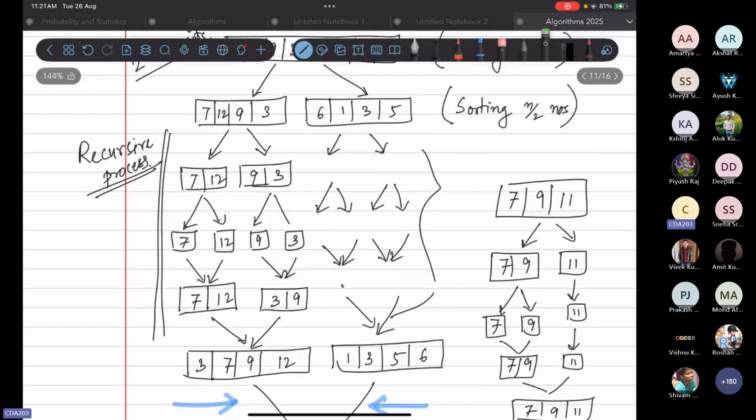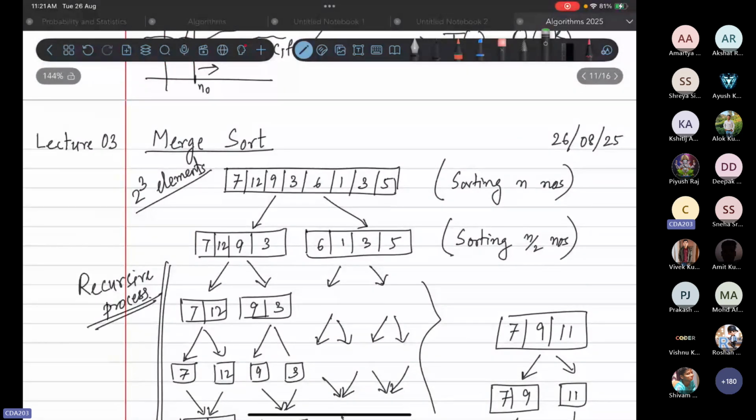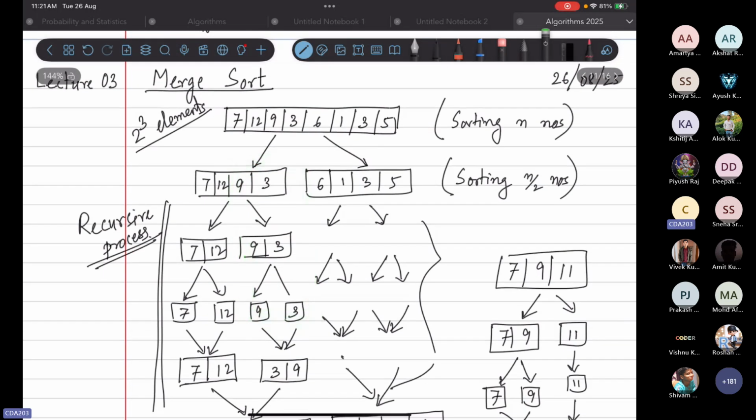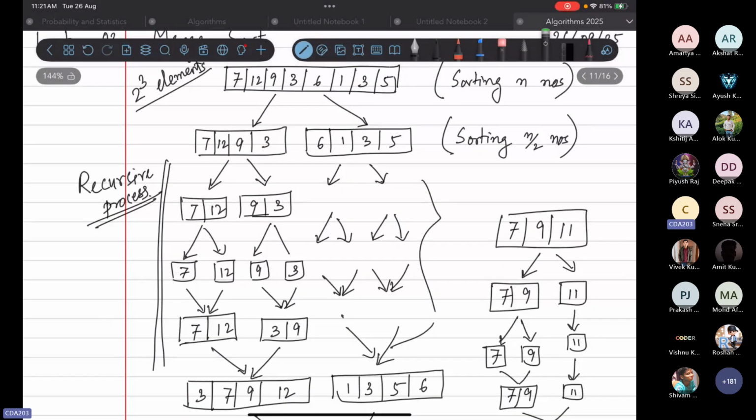It really depends on what is the array that you are considering. Like, let's say we consider this portion of this array. If we are starting the indices from 0, suppose in this A array, we are starting with 0, 1, 2, 3 like this, right?